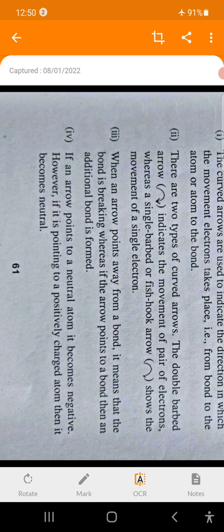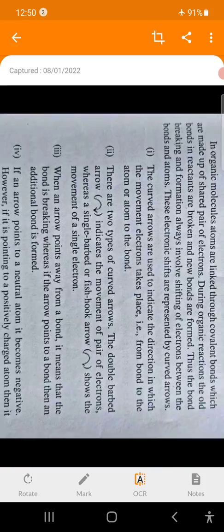Because of deficiency of electrons. The arrow coming towards that ion indicates that an electron from outside is coming to that ion. Hence, because of that additional electron, the positive charge is neutralized and the ion becomes neutral.